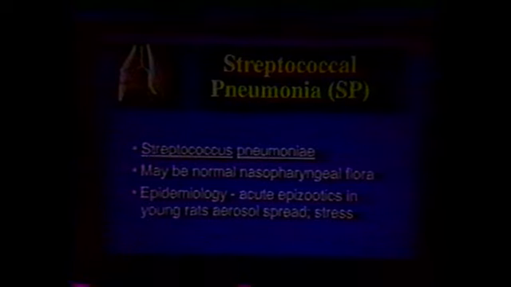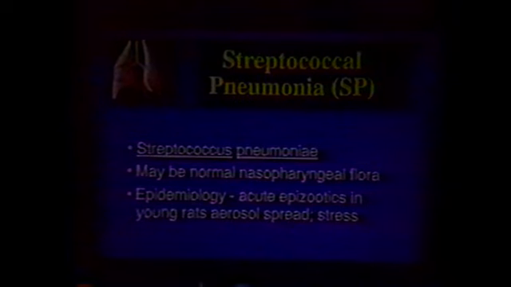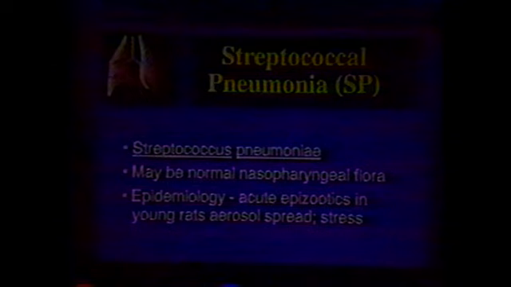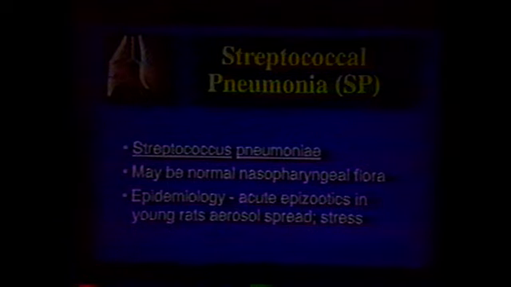Okay, a disease that probably isn't as common as it used to be is streptococcal pneumonia. This tends to occur as an acute epizootic disease in young rats.